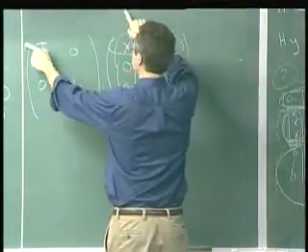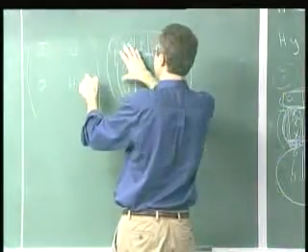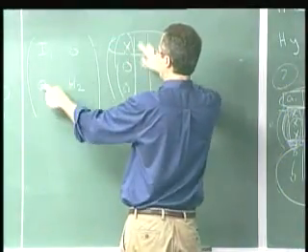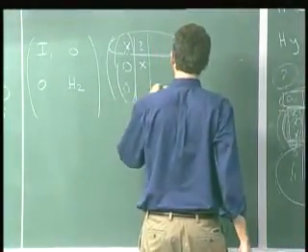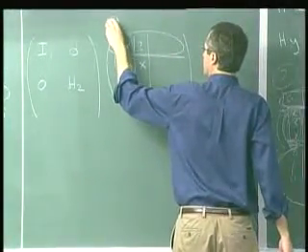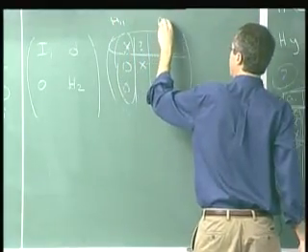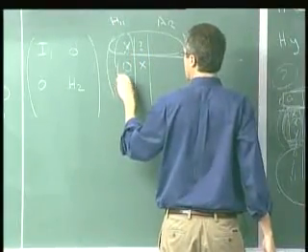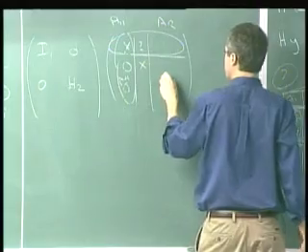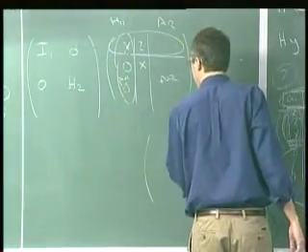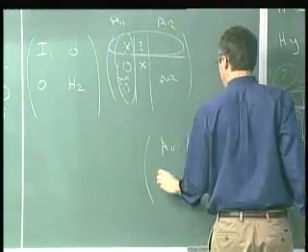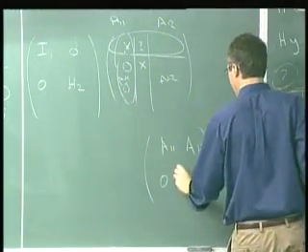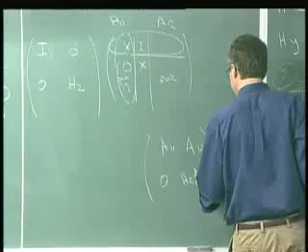So if you multiply this through, you just get this chunk here plus 0, and so on. If I call these submatrices A11, A12, A21, which is 0, and A22, then the resulting product looks like this. A11, A12 is not modified. This 0 chunk is unmodified, and this becomes H2 A22.